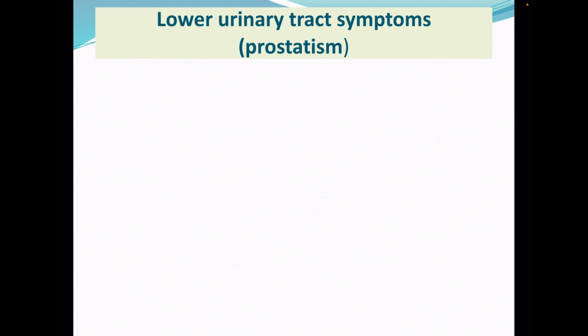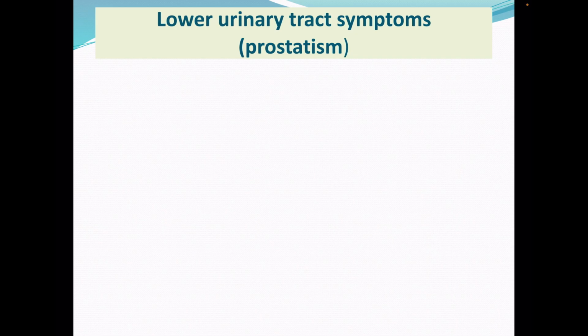Previously, it was called prostatism because BPH is one of the most common causes of LUTS. That's why it was named prostatism. But you know that there are so many causes that can produce these symptoms like BPH, cancer prostate, bladder neck hypertrophy, stricture urethra, cystitis, and so on.